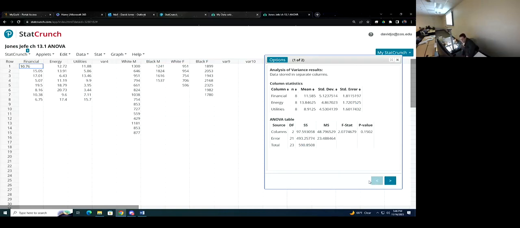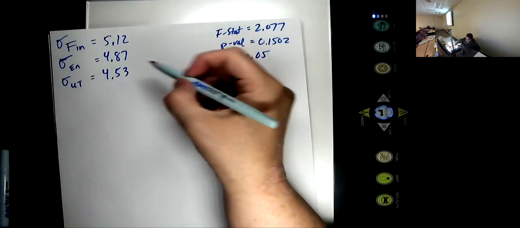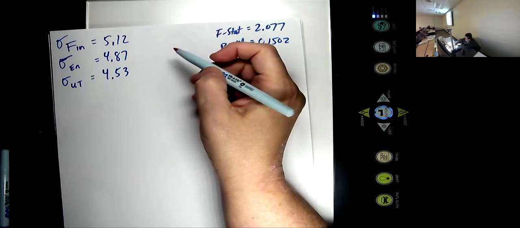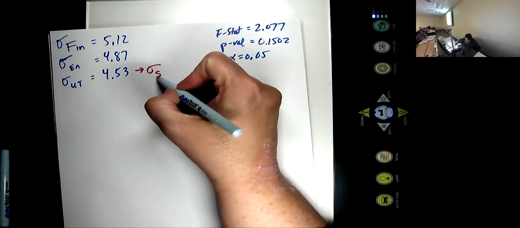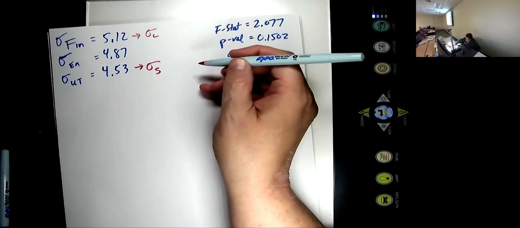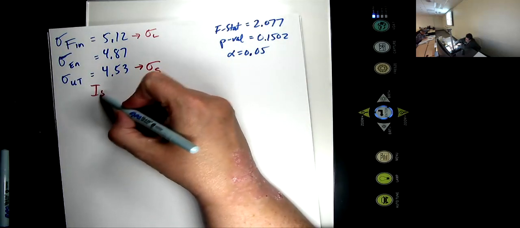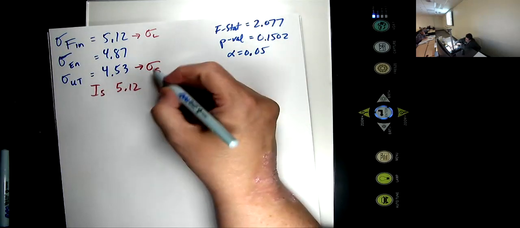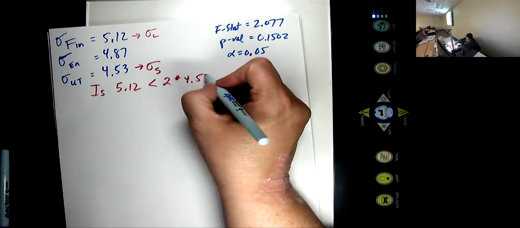Let's come over here and do our hypothesis test. First off, let's verify the requirement we need to verify. That is sigma smallest, and that is sigma largest. So is 5.12 less than 2 times 4.53?